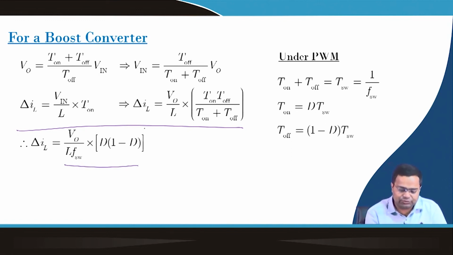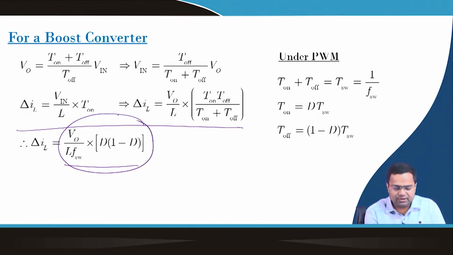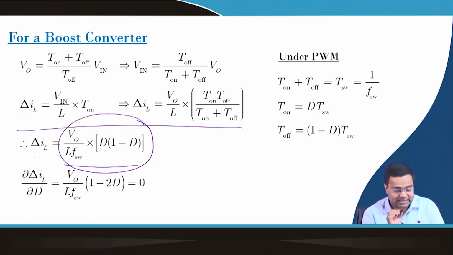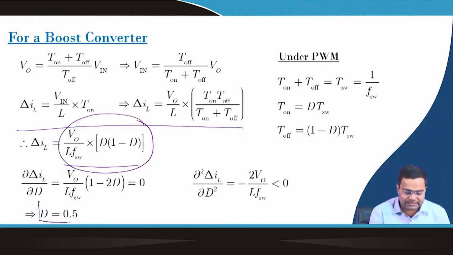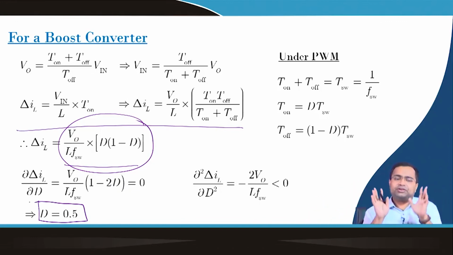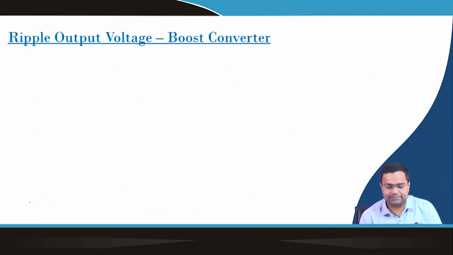And it is interesting to see in this case that inductor current ripple, when the output voltage is constant, is maximum, if you differentiate with respect to duty ratio, at D equal to 0.5. So, in a buck converter we got the current ripple is maximum at minimum duty ratio, but for a boost converter it is maximum at 50% duty ratio. Either side of the duty ratio you can reduce the inductor current ripple.